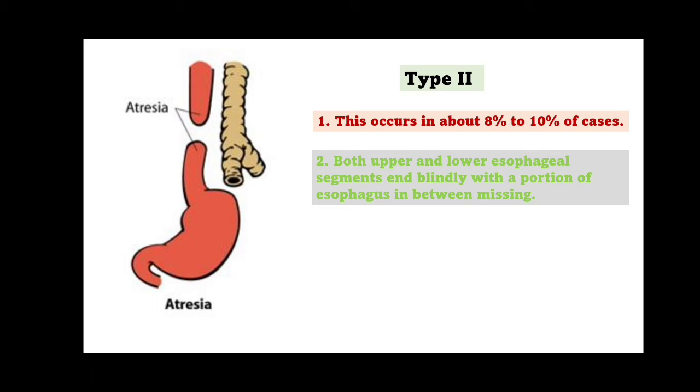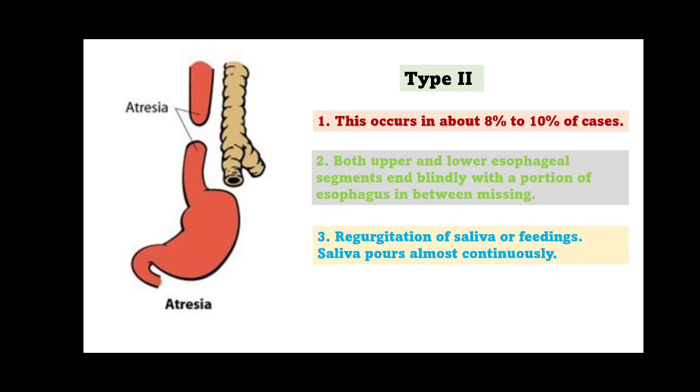This is called esophageal atresia. In such cases, we commonly get findings like regurgitation of the saliva or feeding. Otherwise, saliva pours continuously from the baby's mouth.